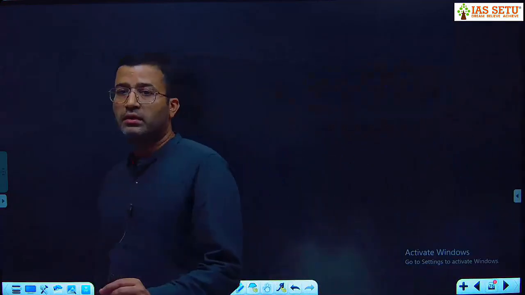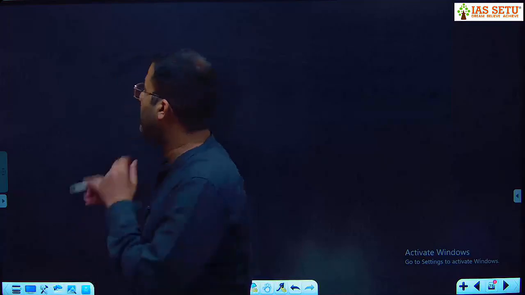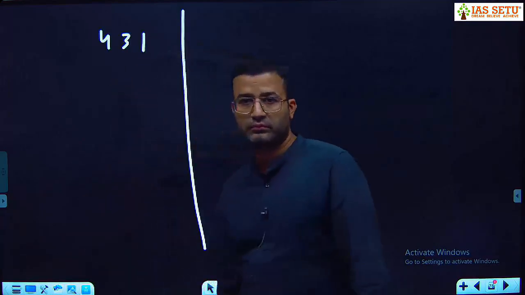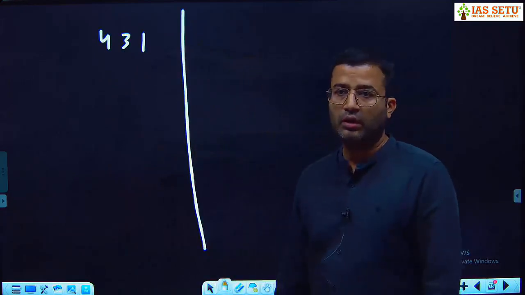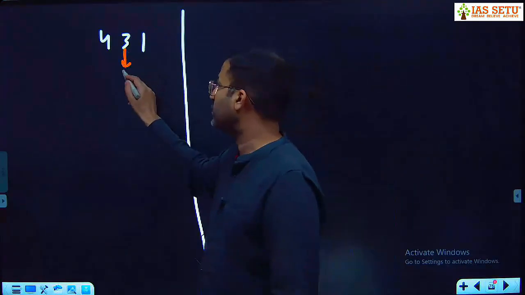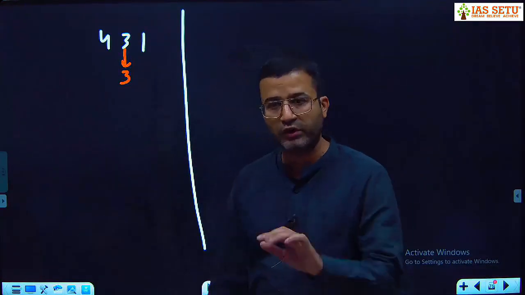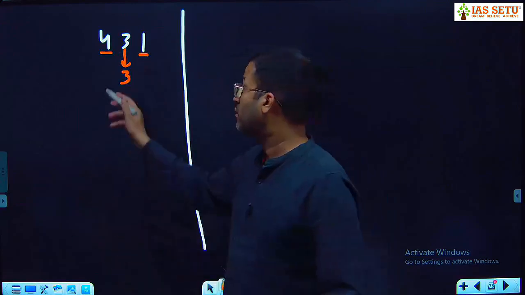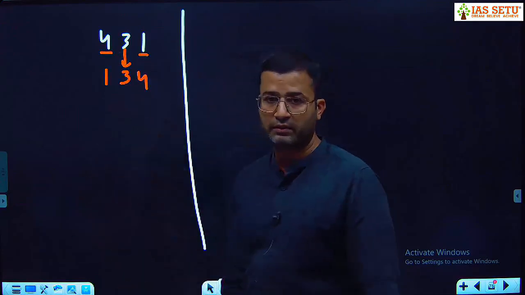Now here, for example, the number is 431. No need to calculate. What happened? This 10th place will be at the same position. 3 तो वहीं आएगा. Only the 100 place and unit place get reversed. 1 will be here, 4 will be here.